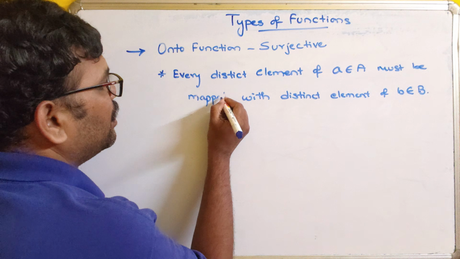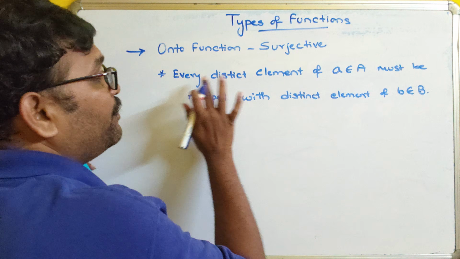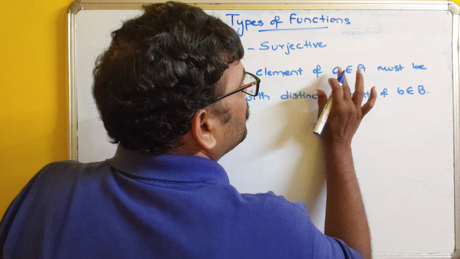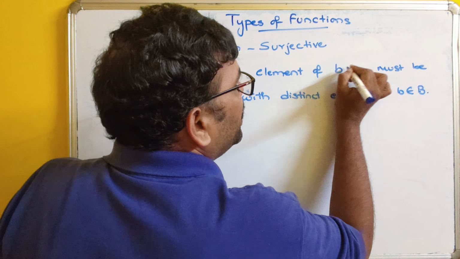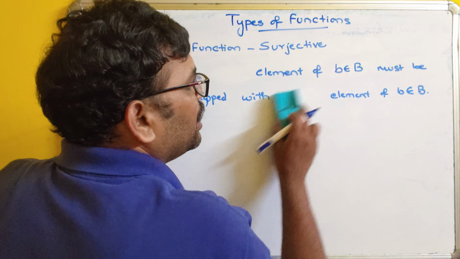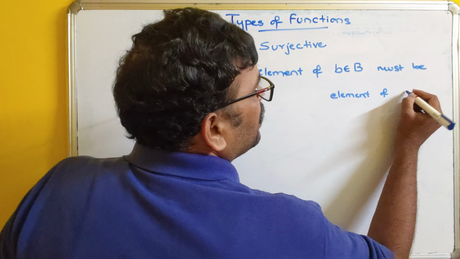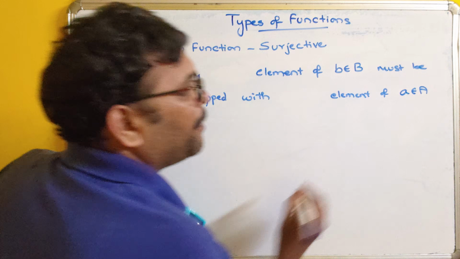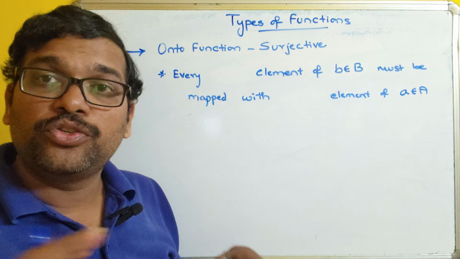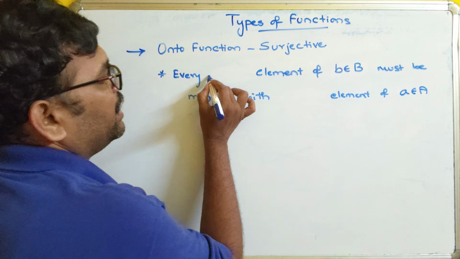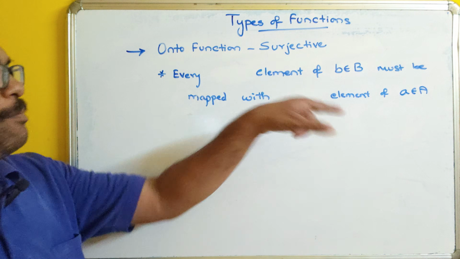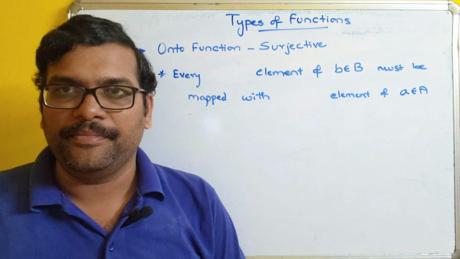So here every element of B must be mapped with an element of A. So every element of B should be mapped with, so here there is nothing, right? Every element of B must be mapped with an element of A.